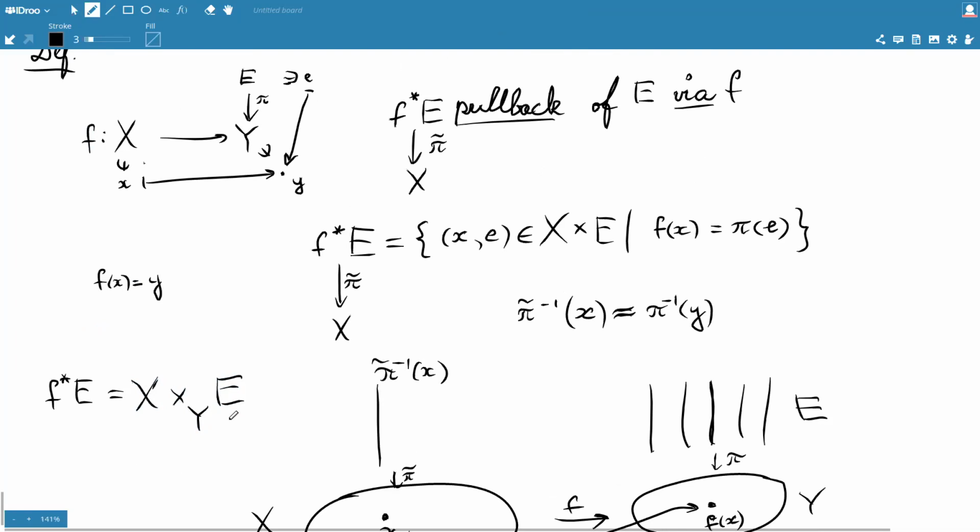And of course, it is a vector bundle because the structure of vector spaces for fibers of pi tilde of the new vector bundle is inherited from the structure of vector spaces for fibers of the original bundle.